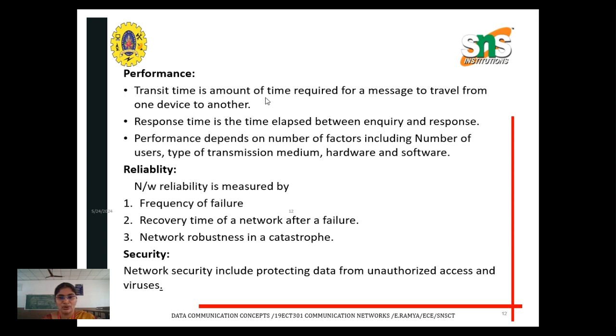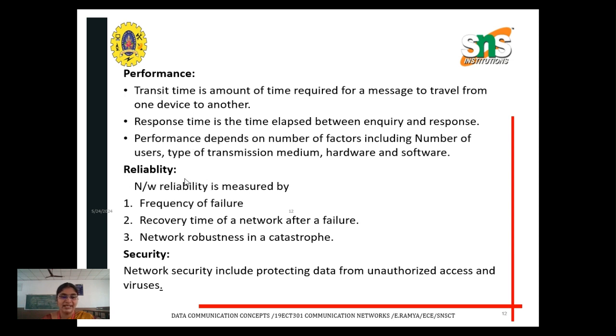Response time is the time elapsed between inquiry and response. Performance depends on a number of factors including the number of users, type of transmission medium, hardware and software. Performance depends upon transit time and response time.